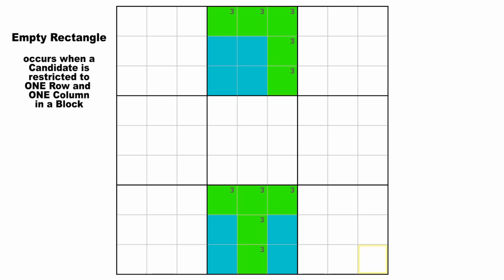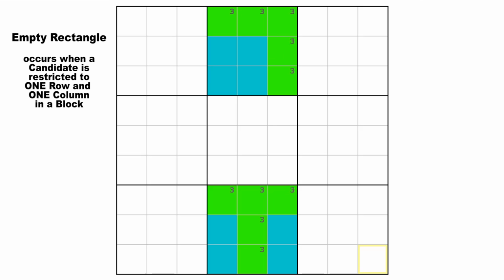In any event, one row and one column will always occupy exactly 5 cells in any given block, and the remaining 4 cells will form a rectangle of various shapes. This is the empty rectangle. The particular candidate you are looking at does not need to be in all 5 of those green cells for this technique to work.